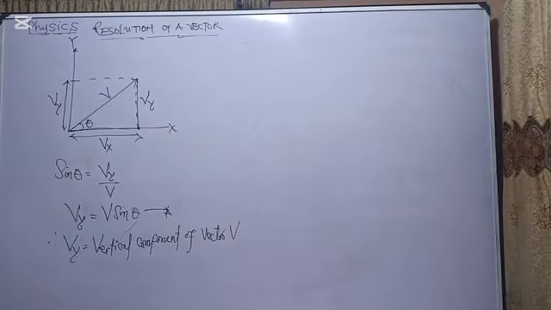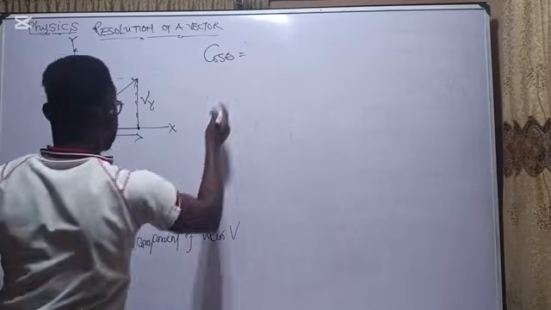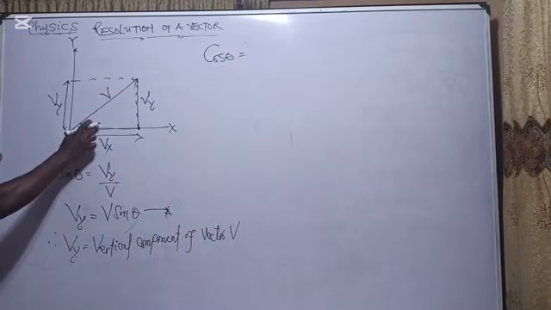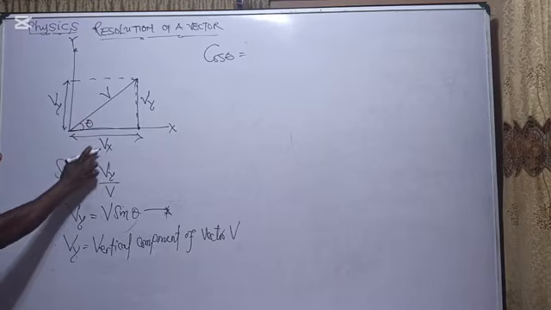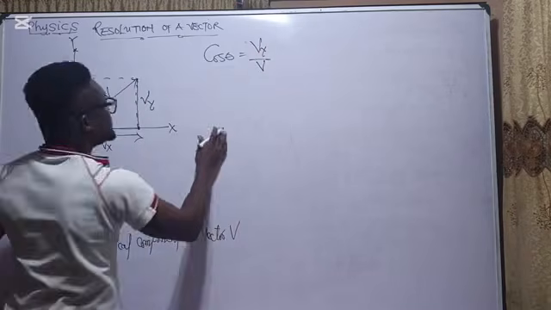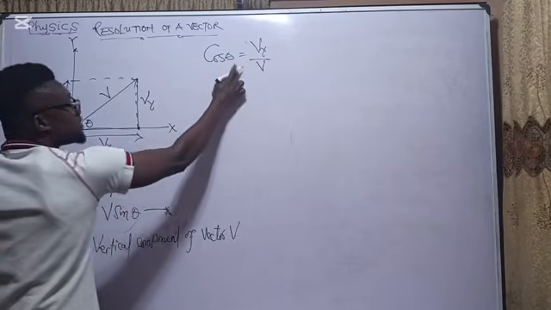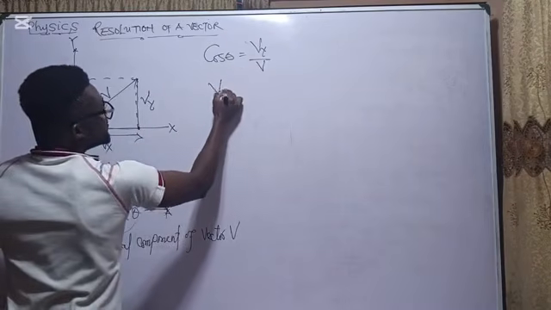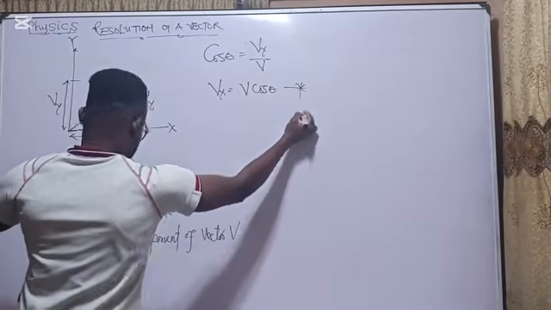Then if we consider cosine of an angle, the cosine of this angle of resolution will now be adjacent over hypotenuse. So adjacent here is Vx over hypotenuse V. So if we cross multiply this, we have Vx equal to V cos theta.